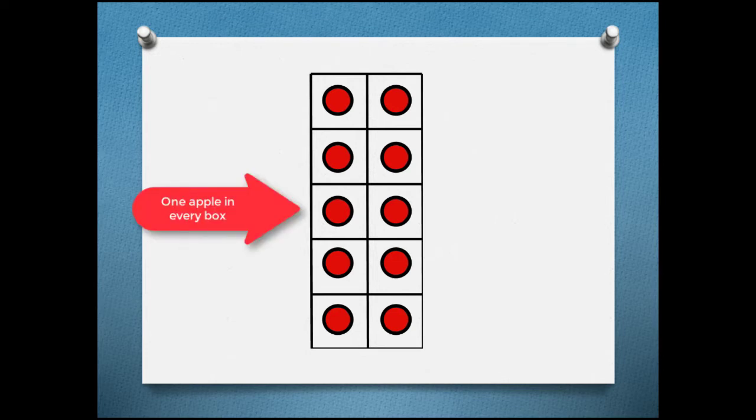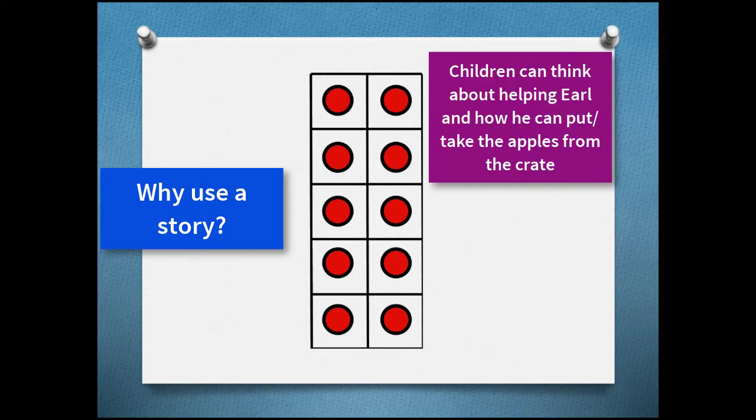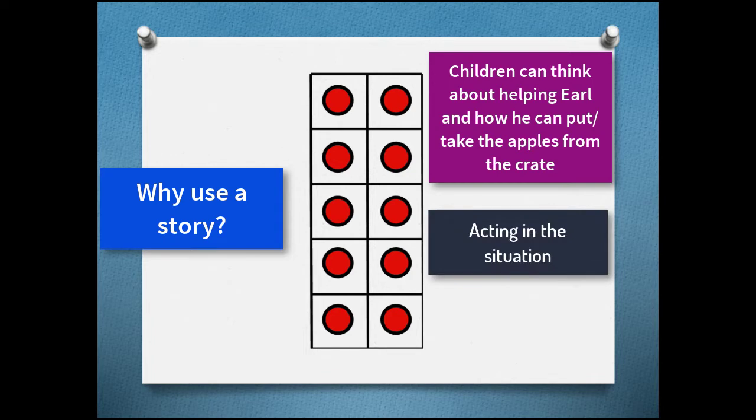Now, why do we use a scenario or a story? Well, we use a scenario or a story because we want children to have a way to relate to it. They can think about helping Earl, they can think about putting apples in his crate, they can think about filling it up, they can think about taking apples out of his crate when they sell it to a customer. So they can think about actually acting in the situation.